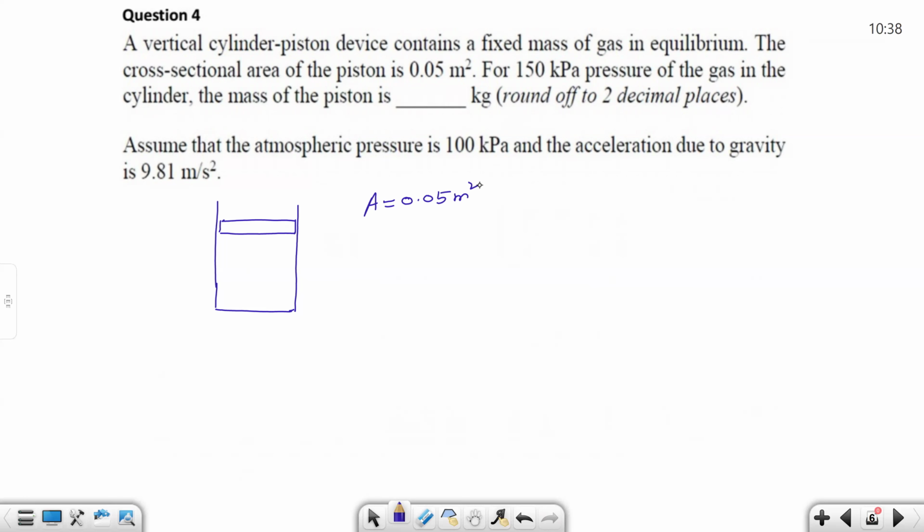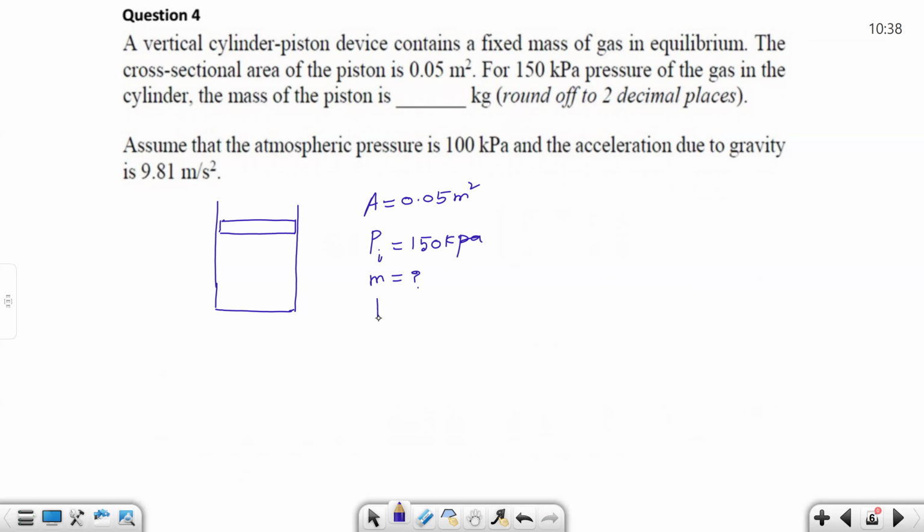For a gas pressure of 150 kPa in the cylinder, what is the mass of the piston? The pressure inside is 150 kPa.